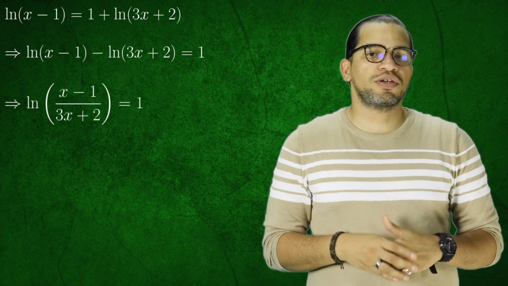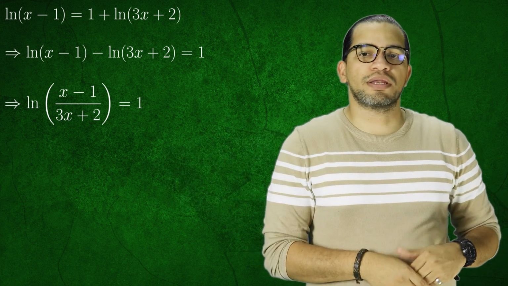Now, if we subtract ln of 3x plus 2 from both sides of the equation, we end up having ln of x minus 1 minus ln of 3x plus 2 equals 1. Now, if we use the properties of logarithms, we can simplify the left side of the equation as ln of x minus 1 divided by 3x plus 2, and this will be equal to 1.